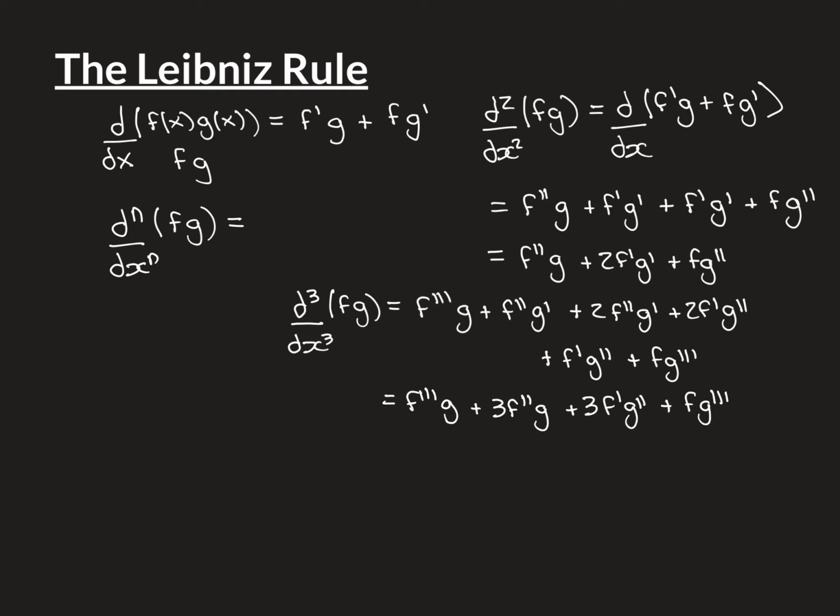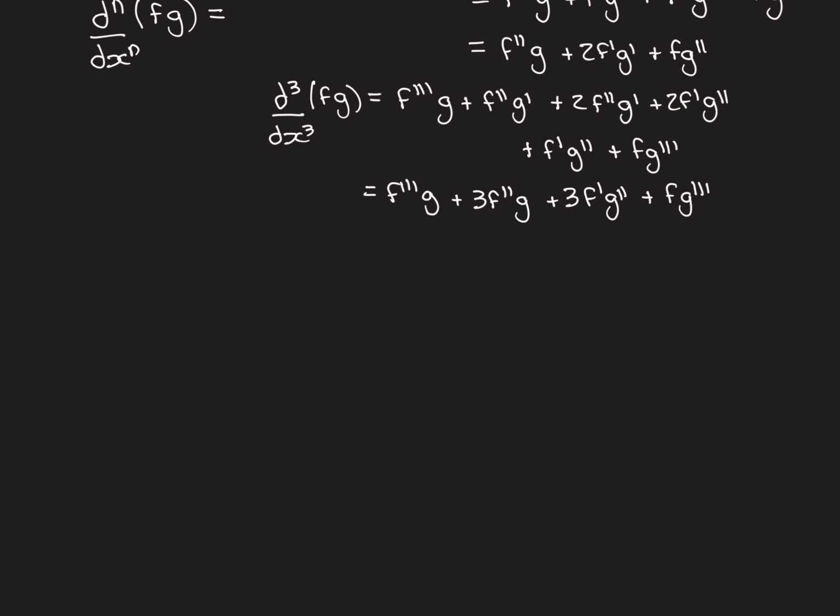And hopefully you can now start to see the pattern that these coefficients in front of each of these are actually the binomial coefficients. So they're what you would get if you expanded something, and I'll just make some more space. It's difficult writing at the bottom of the board on this iPad. So if you look at things like x plus y to the power of n, when you have x plus y to the power of 1, this is just x plus y.